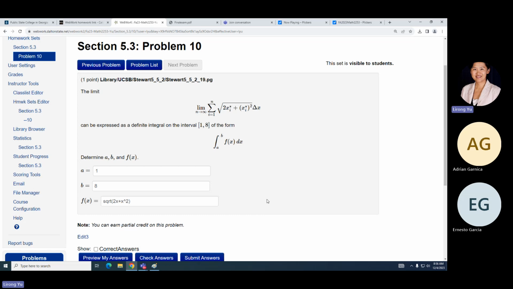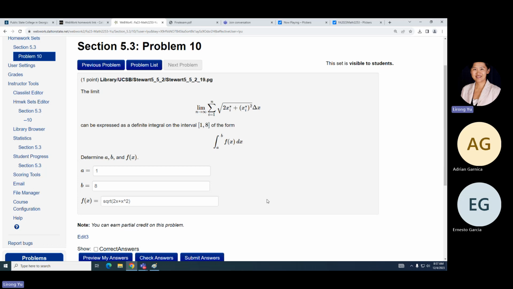So this limit of the summation is the integration notation. If you cover that up, what is right in the middle is your f of x. So f of x is root 2x plus x squared, and that's the rest. I hope that answers your question.